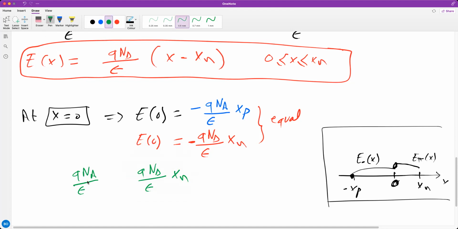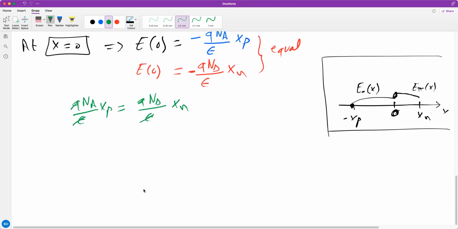I can replace this, and this will give me a very, very interesting fundamental equation in the PN junction. That is the number of acceptors times the width of the depletion region from the P side is equal to the number of donors times the width of the depletion region from the N side.